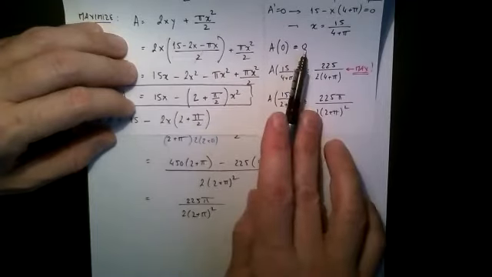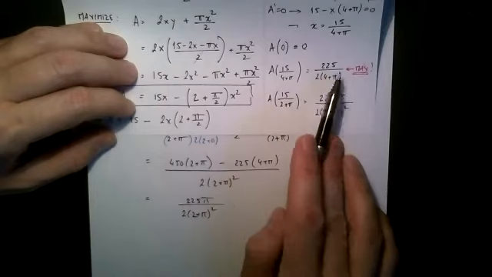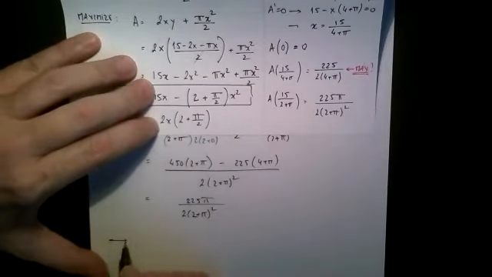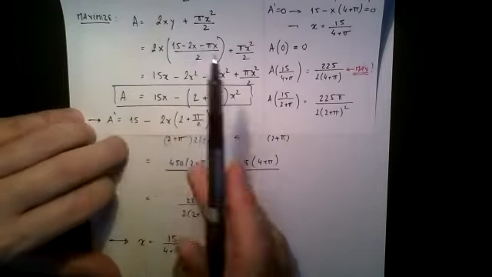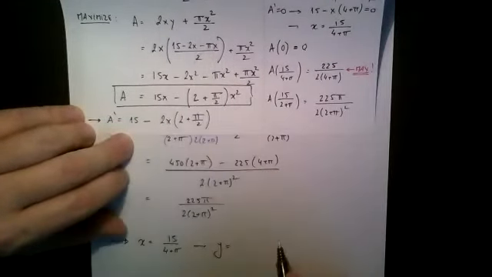Okay, so I see 0, then goes up to this value, then it goes back down to this value, so this is the maximum. Okay, so I need the dimensions, so let's find out what y is. So x is 15 over 4 plus pi, and so y is, if you plug in x into here, you will get the y.